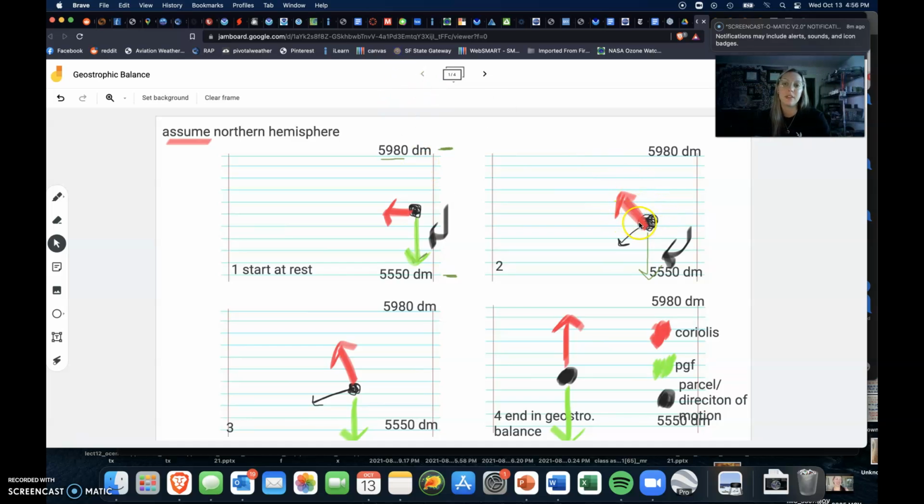And then as you start to move, you're likely moving a bit faster than when you started at rest, right? So then your Coriolis is going to increase and your pressure gradient force is still going to stay the same because I did not give you a situation where your pressure gradient force is increasing or decreasing, right? So try to keep that arrow the same size until you finally end in geostrophic balance.